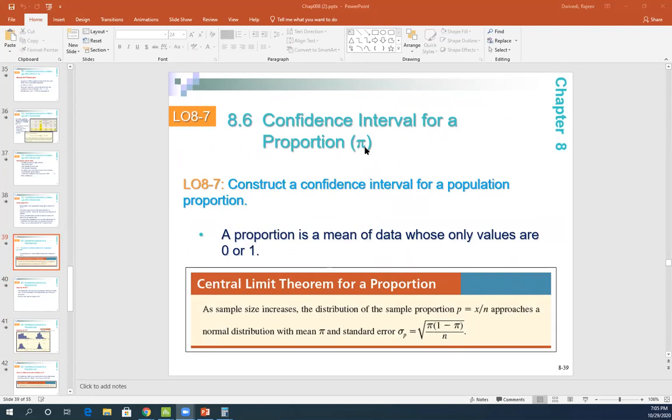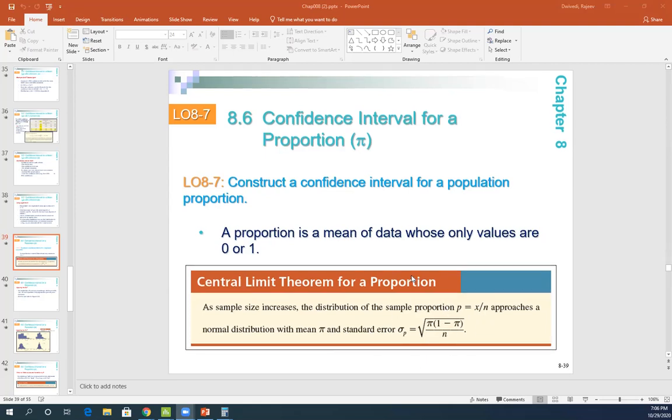Confidence interval for a proportion, pi. A proportion is a mean of data whose values are 0 or 1. As the sample size increases, the distribution of the sample proportion approaches a normal distribution with mean pi. This is the sigma p, and this is the formula.